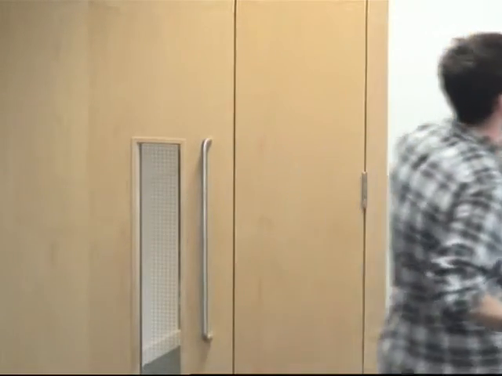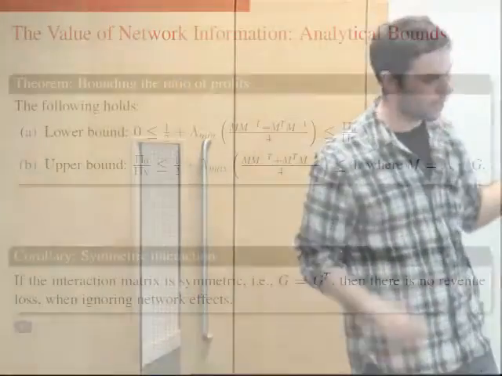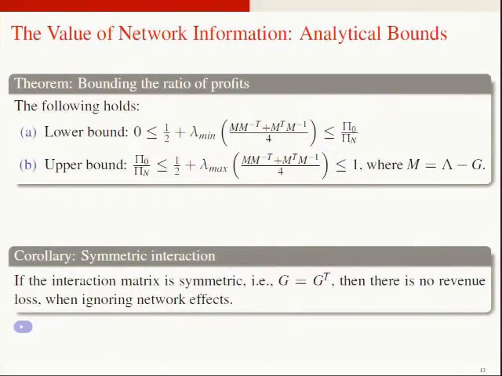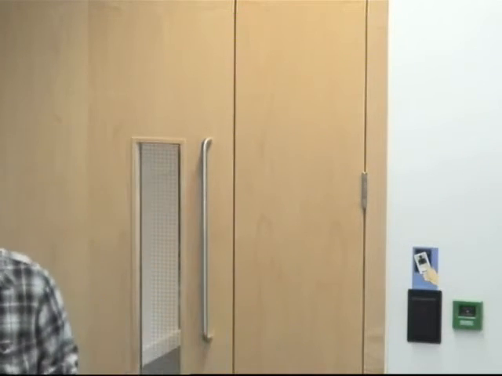And I'll show you some pictures that clarify this point. A good corollary here is that when the interaction is symmetric, meaning that agent I influences agent J, and in the same way agent J influences agent I, then there is no need to know the network. The revenue that you can make either knowing or not knowing the network is the same.